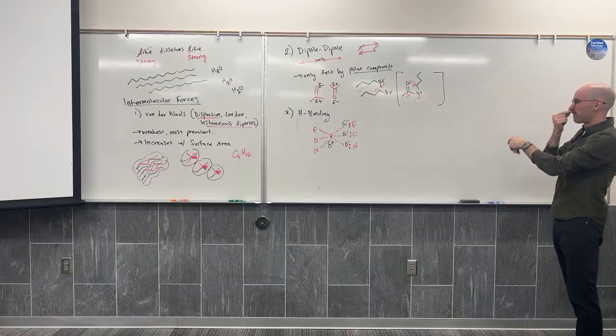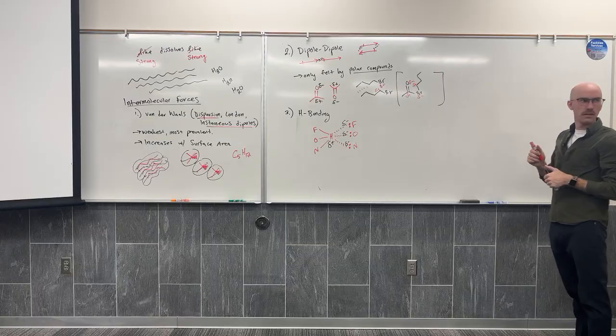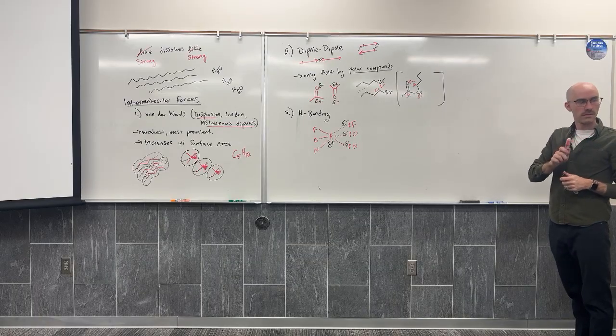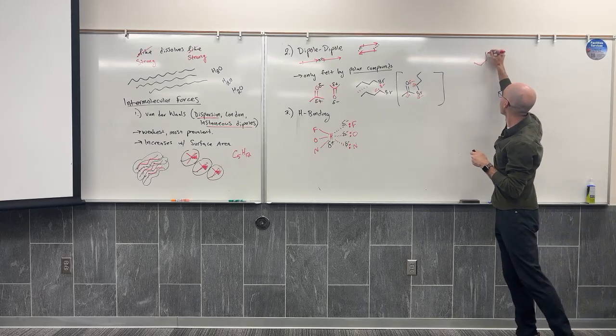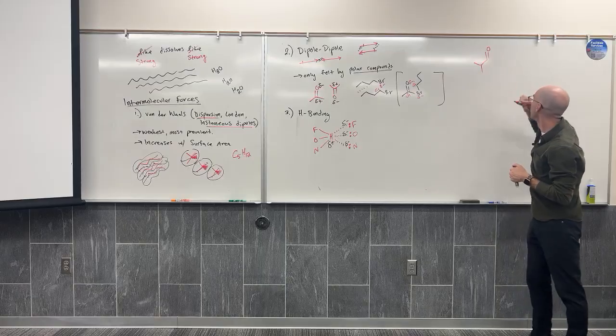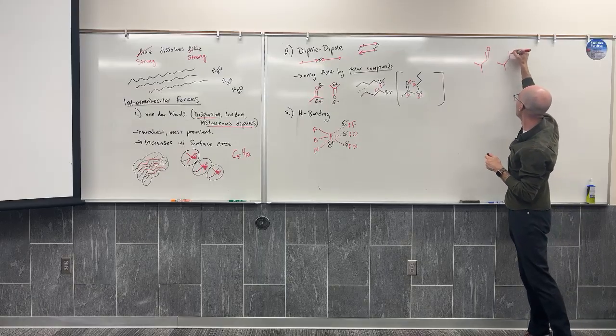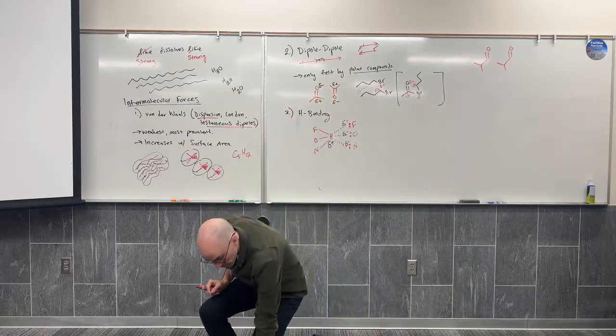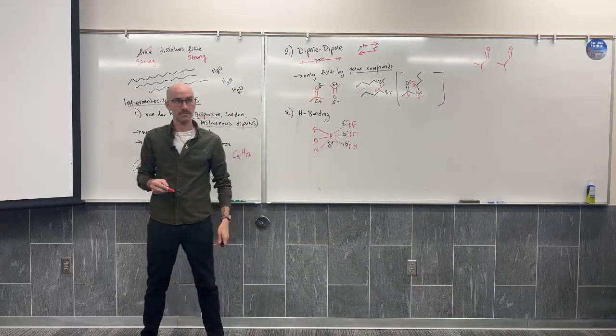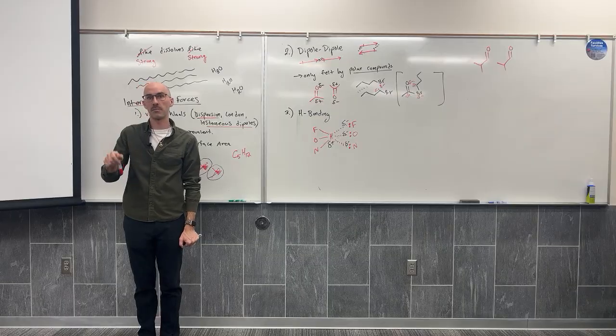If I remember correctly, if you see a molecule with both oxygen and hydrogen, it's not necessarily hydrogen bonding. Unless the hydrogen and oxygen are bonded together. So here I have two molecules that have both oxygen and hydrogens, but there's no hydrogen bonded to oxygen.